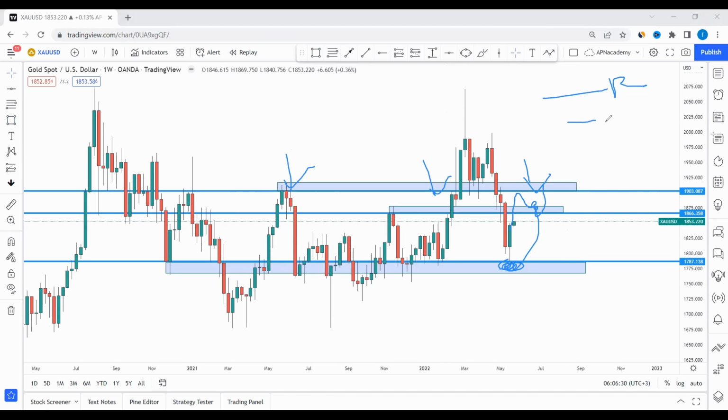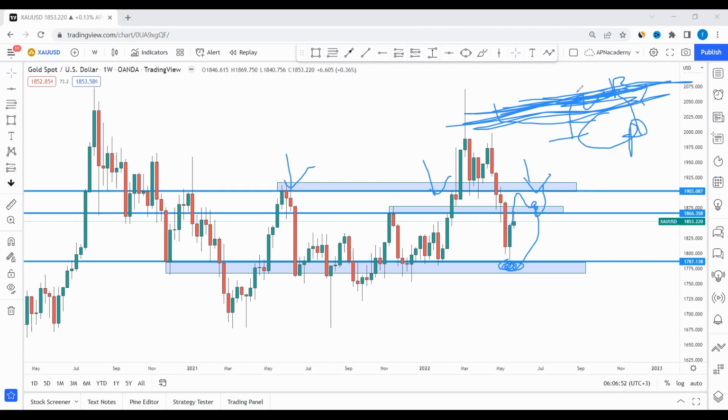If you don't know what resistance and support are, just check through our video. We have a video explaining how to identify support and resistance and how we define them. Resistance is simply a level above current price. You can draw it using a horizontal line or a slab, but it's a level or an area above current price where we expect sellers to come into the market.